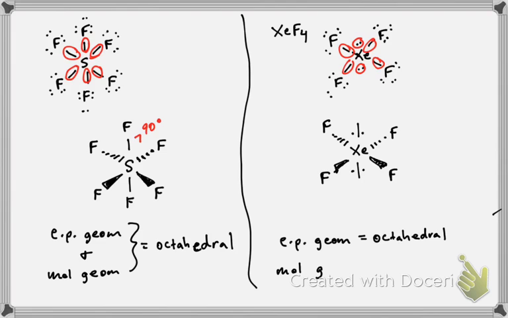So our molecular geometry is square planar. Okay. So now, I didn't go through every single one of the examples in the handout, but that should get you at least a little bit more familiar with what's going on.